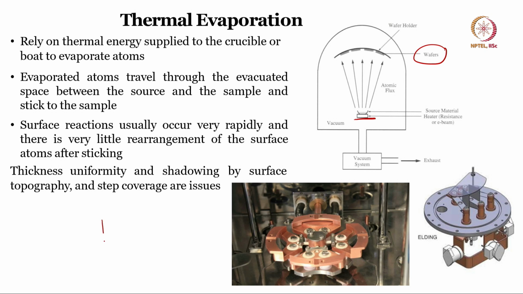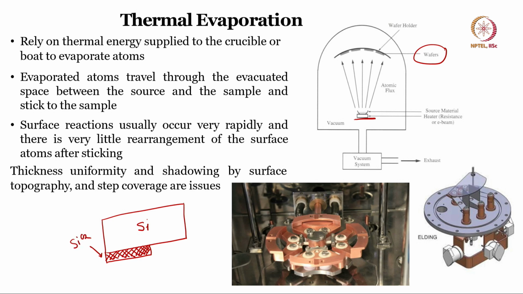What is step coverage? Suppose I have the silicon wafer, and on the silicon wafer I have a material with a pattern like this. And how do we get the pattern? Using photolithography, which is one of the techniques we will see in this course as well. So, this is silicon, and let us say this one is our silicon dioxide. Now, if I want to deposit a metal, what will happen?